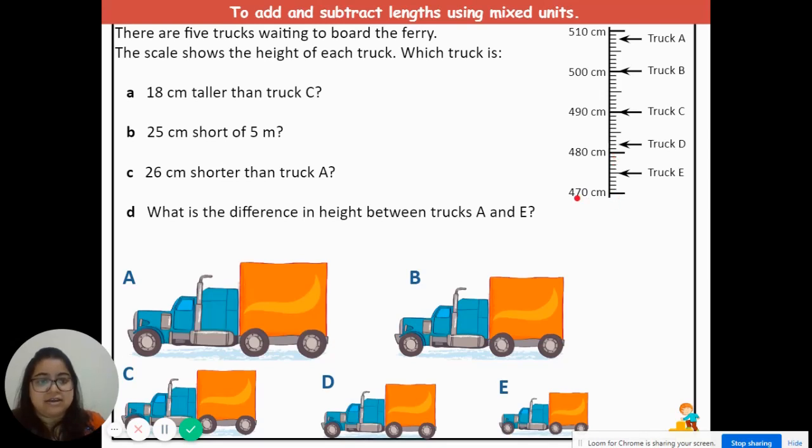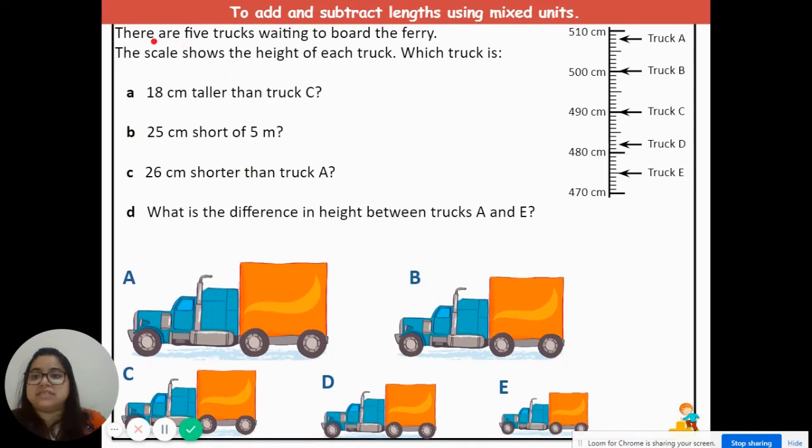So let's see: 470, 471, 472, 473, 474, 475 in this middle line, then 476, 477, 478, 479 and 480.